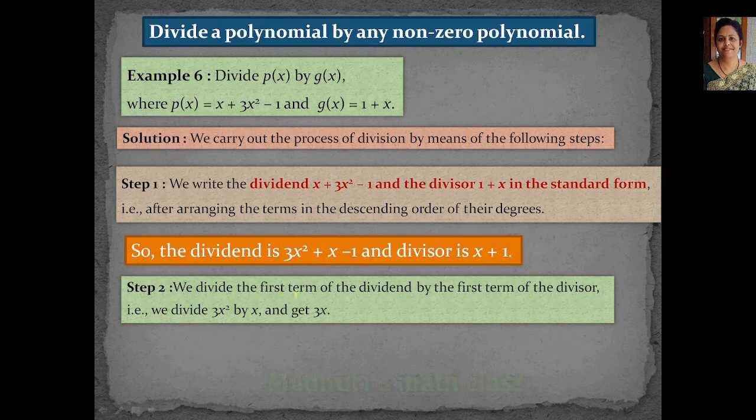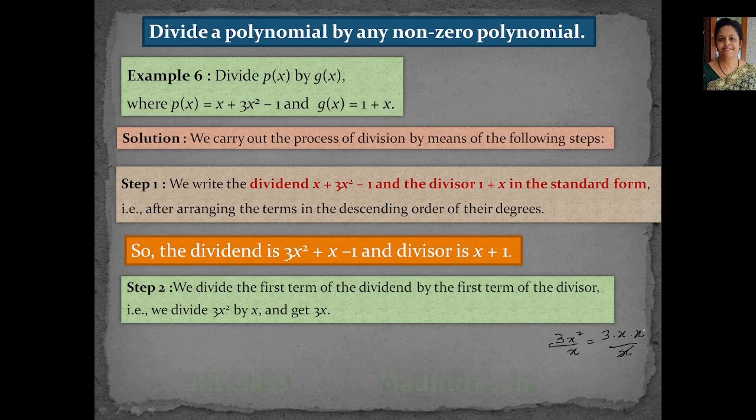Step 2. We divide the first term of the dividend by the first term of the divisor. What is the first term of the dividend? The first term of the dividend is 3x squared. So you will write 3x squared first, divided by the first term of the divisor, x. So 3x squared divided by x. 3x squared means 3 into x into x, divided by x.